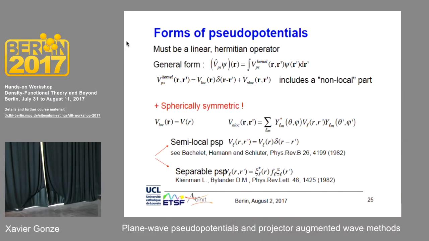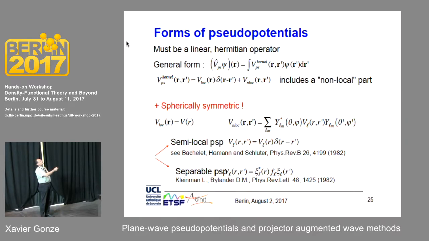Well, a pseudopotential is a more general object than a normal potential. A normal potential is a so-called local operator. But actually we can rely on a more general form. We want simply an object that transforms a wave function to another function, and this is achieved by this kind of mathematical operation.